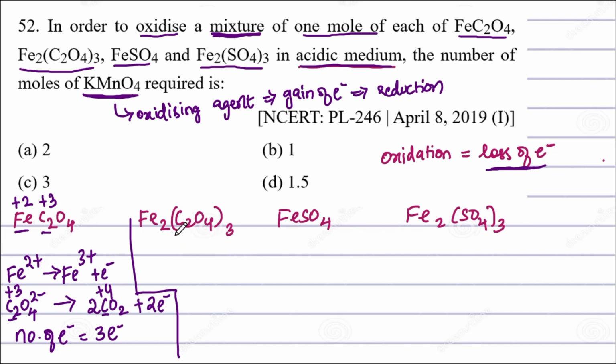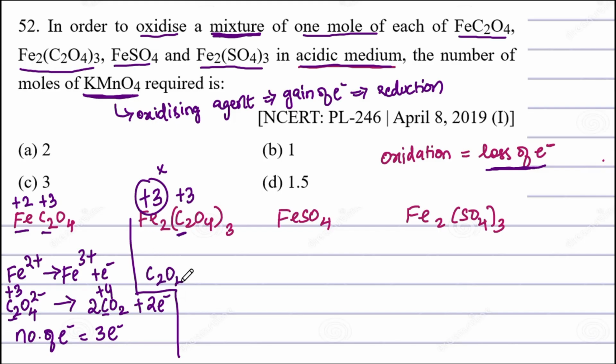Then in the next one, Fe2(C2O4)3, the oxidation state of iron is +3. Only 3 units of the oxalate ion are present, and the charge of oxalate is -2, so 2 iron atoms are present. Already iron is present in the +3 oxidation state, so there is no further oxidation. The oxidation state of carbon in oxalate ion is +3. So here the iron atom will not undergo oxidation. Only the oxalate ion C2O4 2- will undergo oxidation.